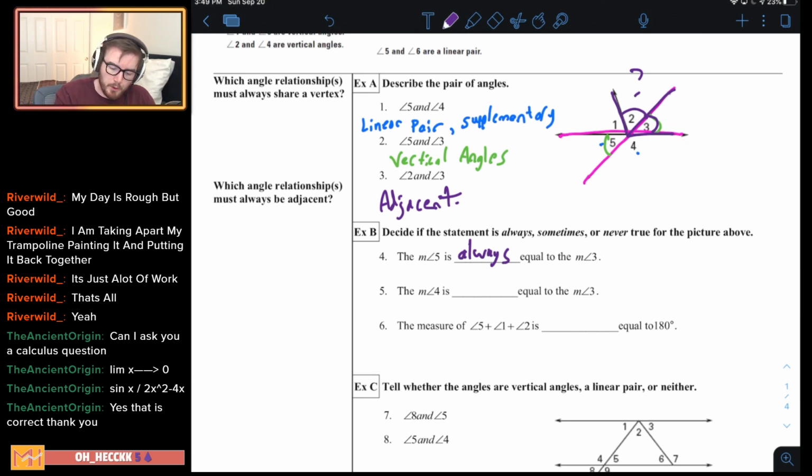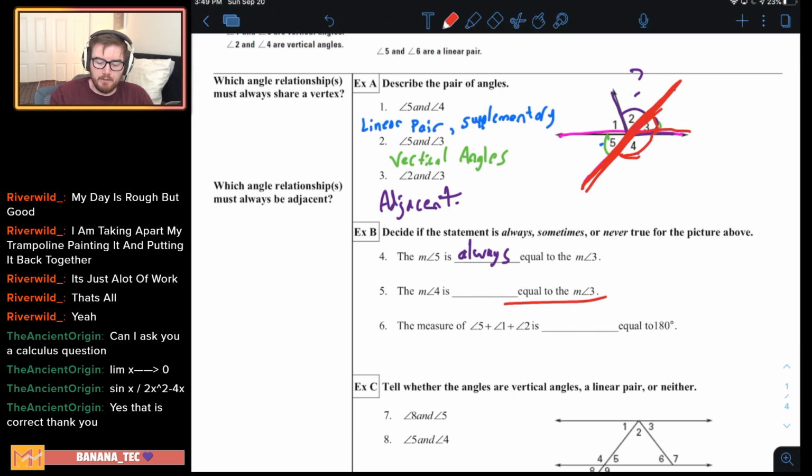Measure of angle 4 and 3. We didn't talk about 4 and 3 in the previous problem, but 4 and 3 are adjacent, and these two angles together make a straight line. So we call that a linear pair. And linear pairs, what do we know about them? They add up to 180. This is saying that they're equal.